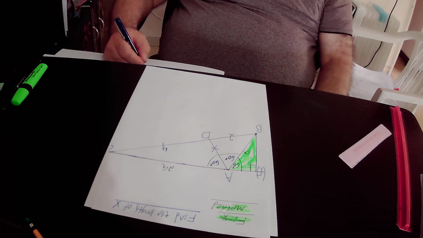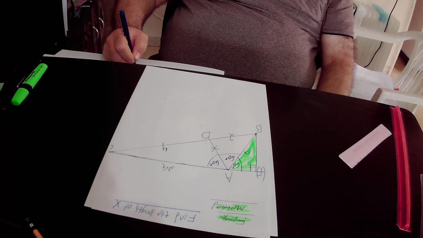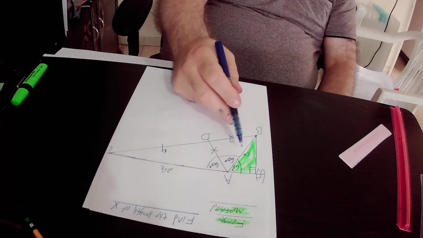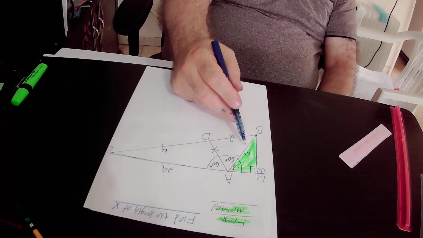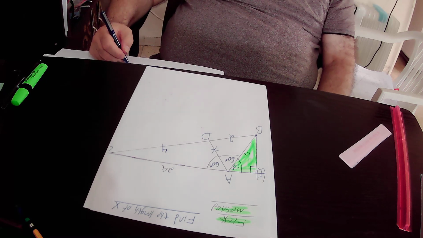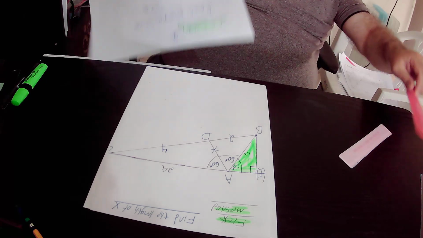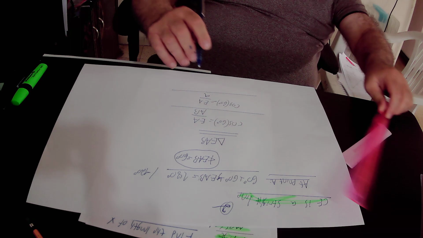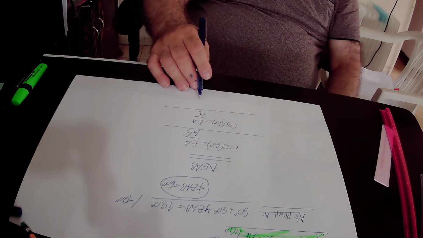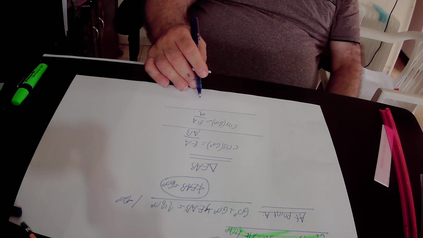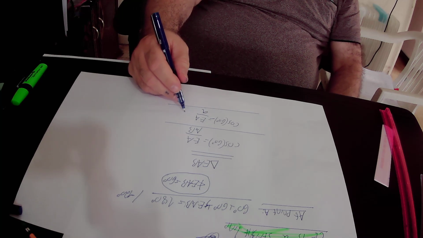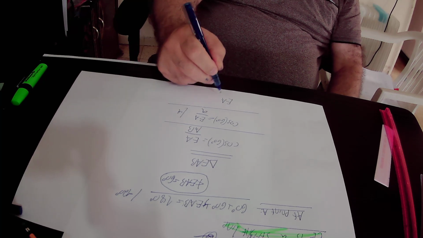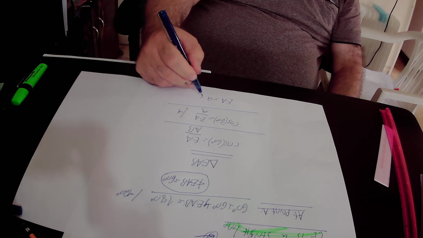So cosine 60 degrees equals EA over AB. But AB equals A according to what is given in the question. So we'll substitute AB by A, and we get that cosine 60 degrees equals EA over A. We'll multiply this equation by A, and we get that EA equals A times cosine 60 degrees.